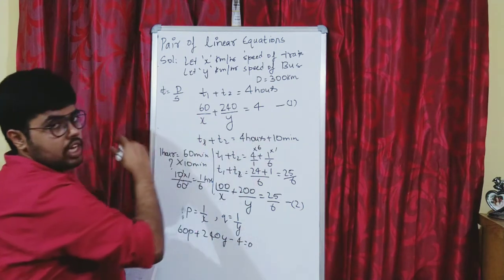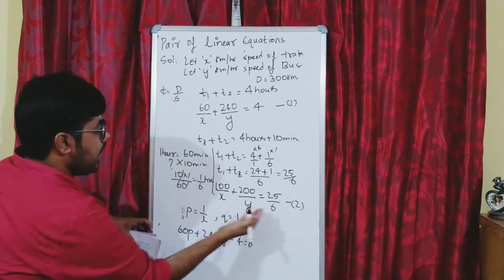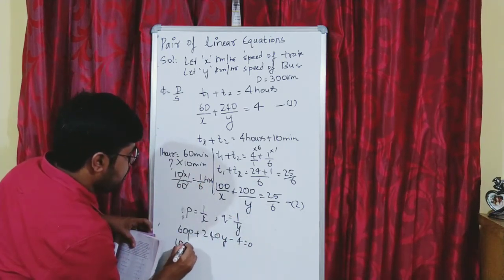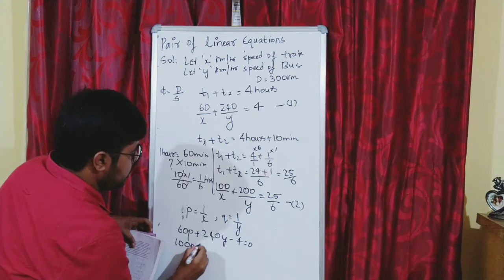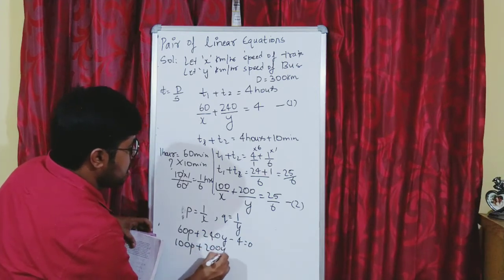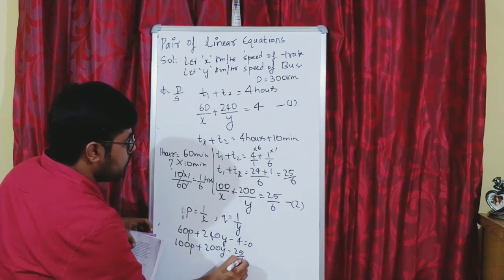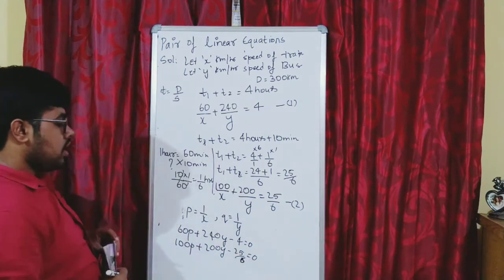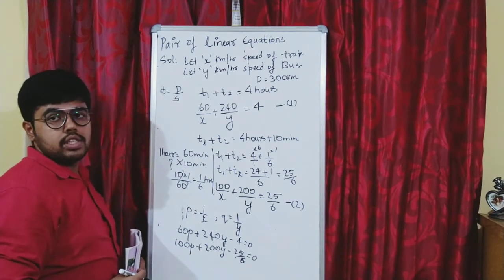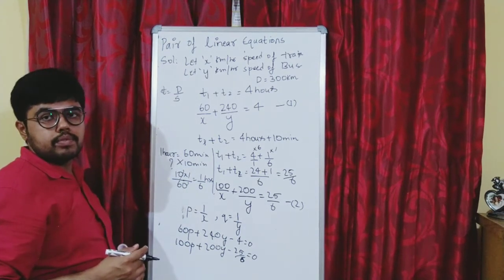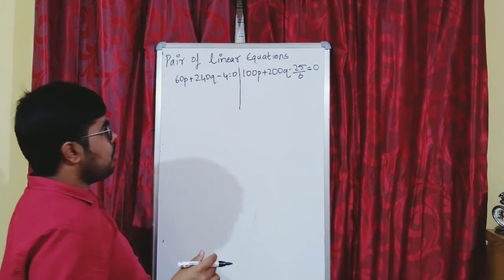I have taken the minus 4 to the left hand side, therefore directly written. And in this equation, 100p plus 200q equal to 25 by 6. Okay, so these are both equations. Let us solve it quickly and find the values of x and y.